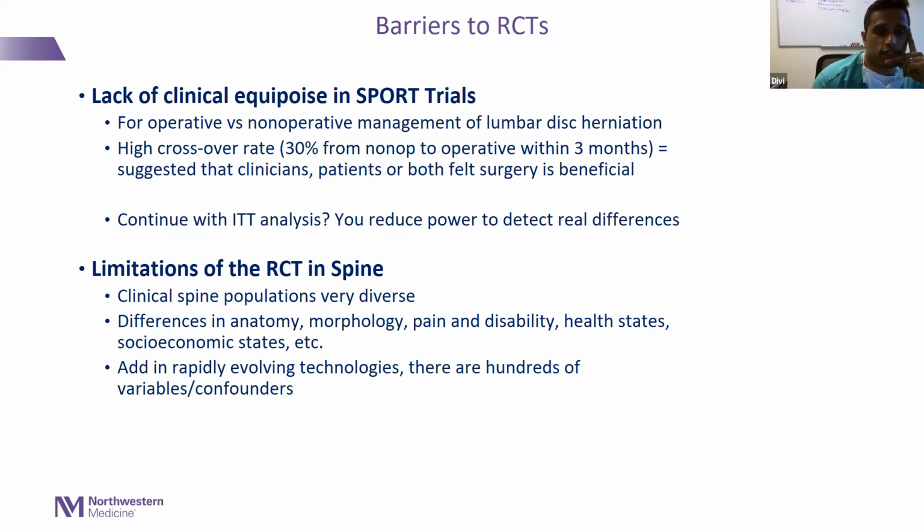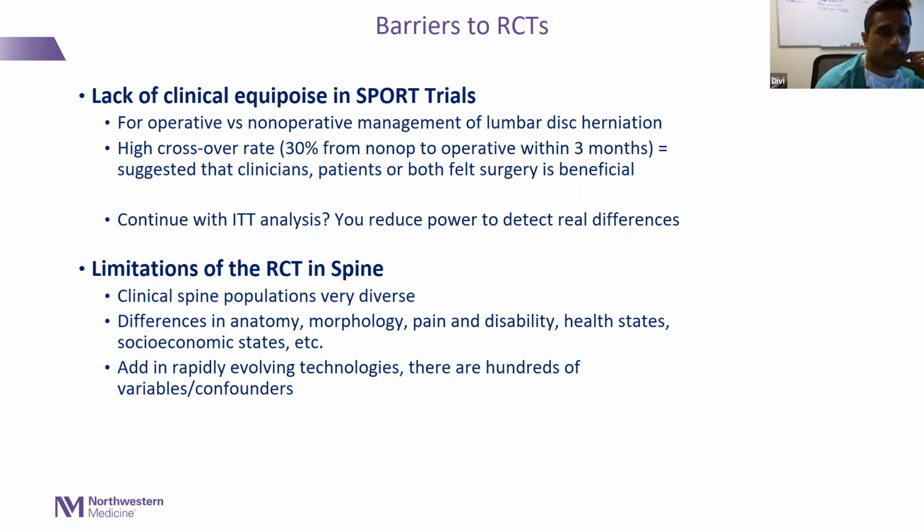And the limitations of randomized control trials, again, in spine specifically, are that clinical spine populations are very diverse. You have differing anatomy, morphology, pain, disability states, even for the same kind of pathology. You have different health states, different socioeconomic states, et cetera.